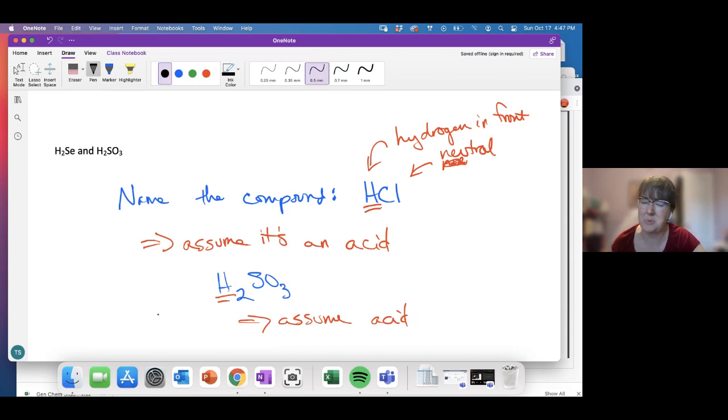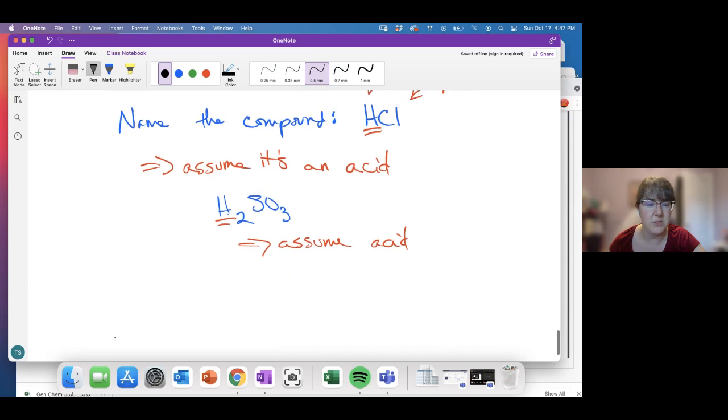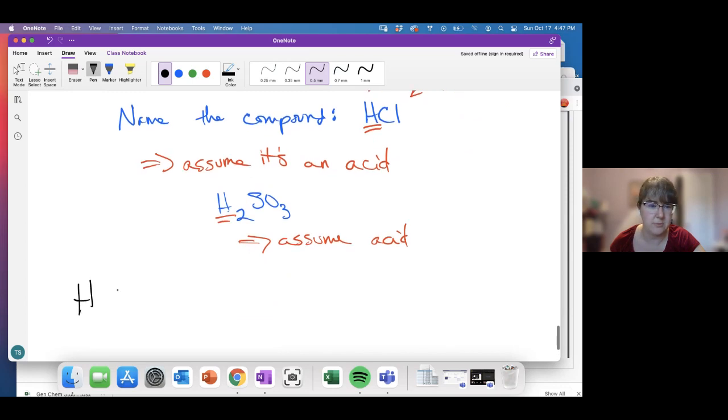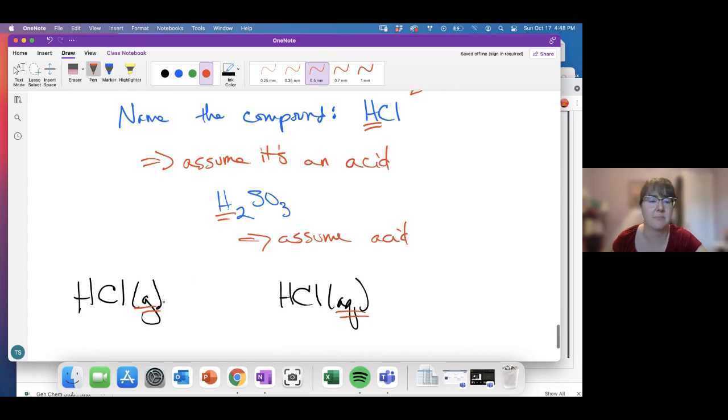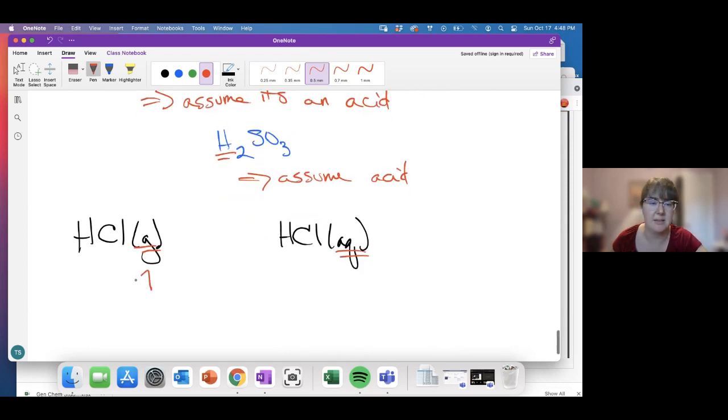But wait, there's more. We could do something that's a little bit strange, but is allowed. These are the same, except for the state of matter. This is a gas. This means aqueous, which means in water.